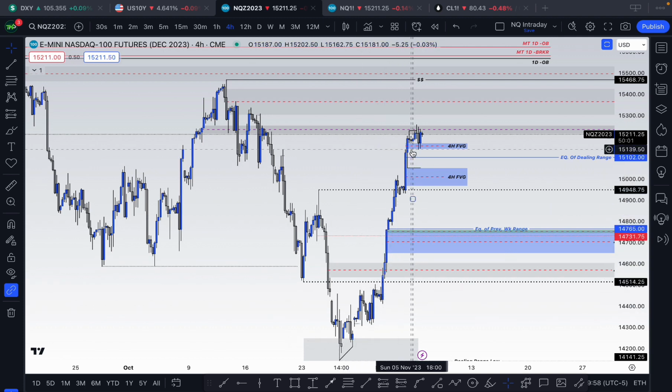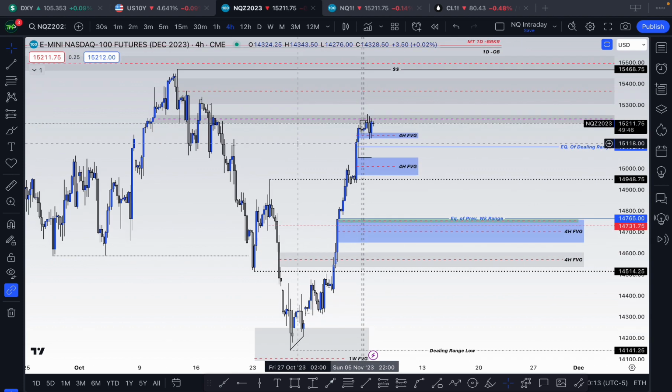All this displacement, speed, breaking up all the way back to a very large range equilibrium, and taking some more liquidity with it, coming back to this old daily fair value gap. So it's important to keep some of those levels from the sell side and the buy side, especially on the weekly as well.